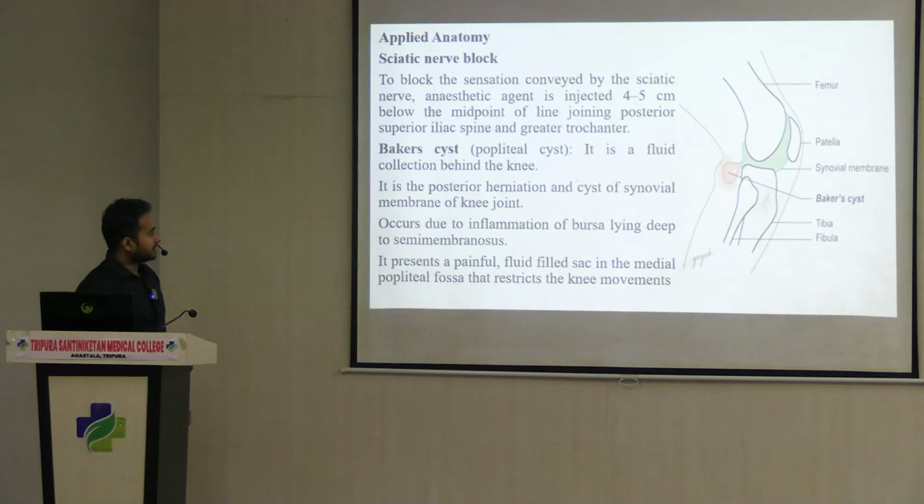Inflammation of the bursa lying deep to the semimembranosus is there. In such a condition, movements will be restricted and there will be pain when moving the knee joint. So that is the Baker's cyst.